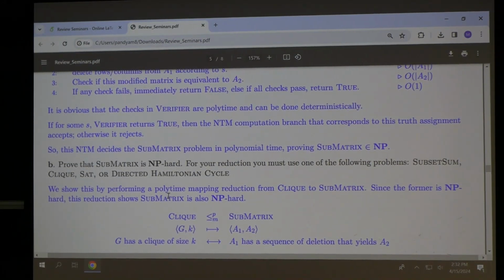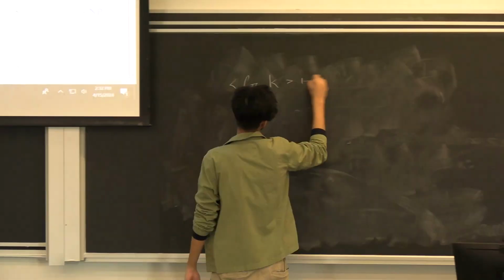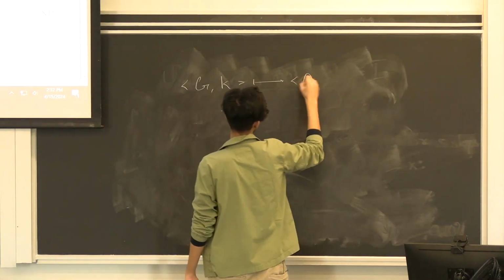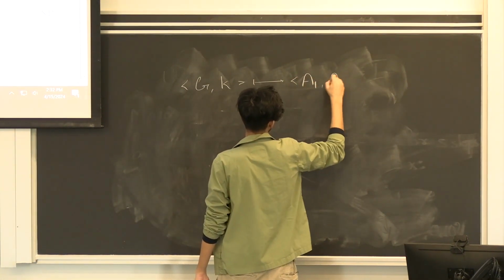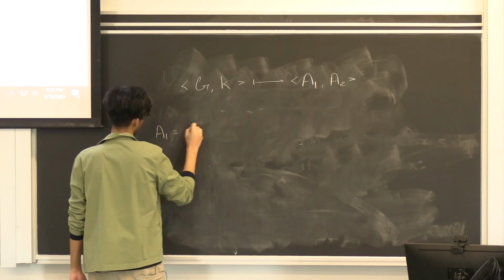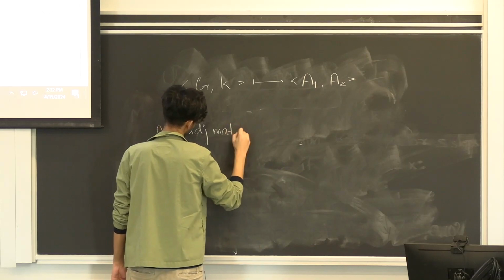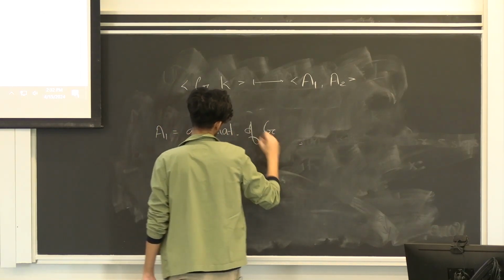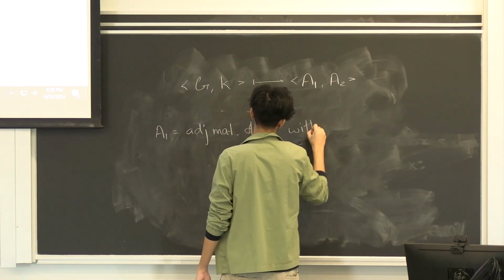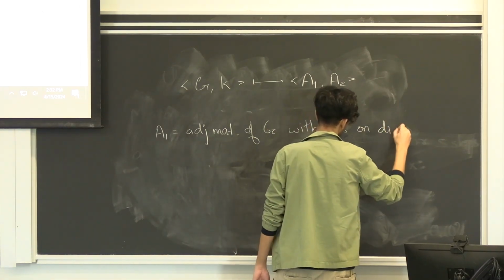So your mapping from G to K, you have A1 and A2. So A1 equals adjacency matrix of G with 1s on diagonal, right?